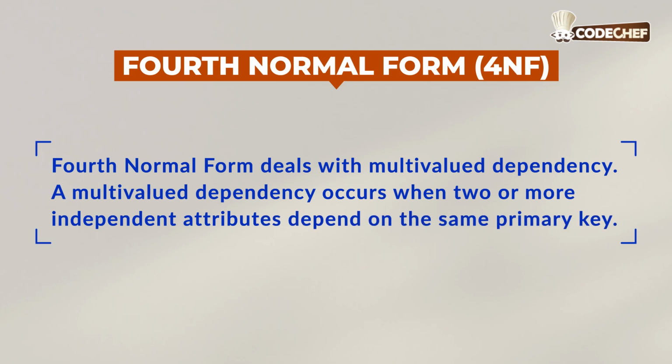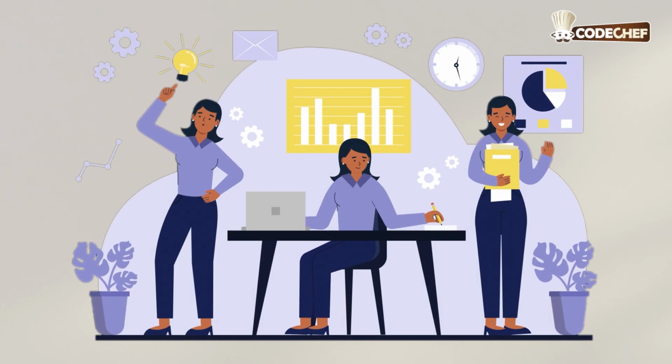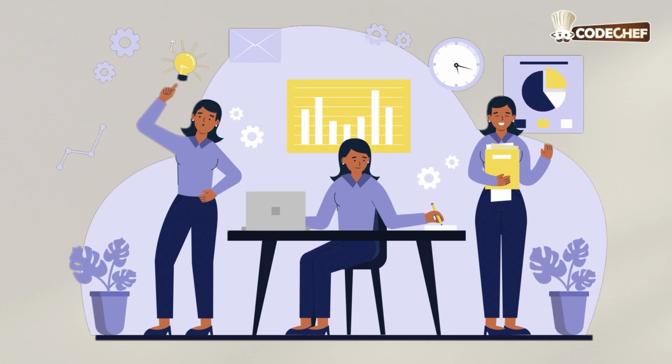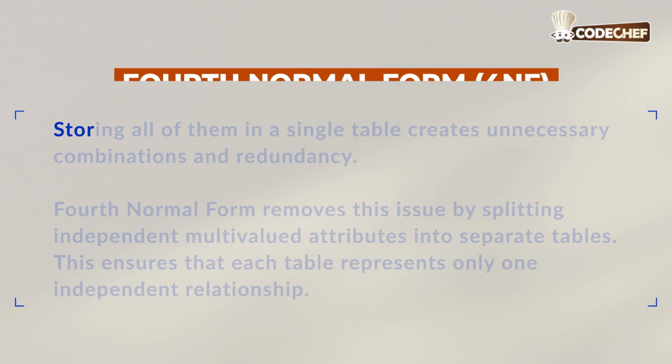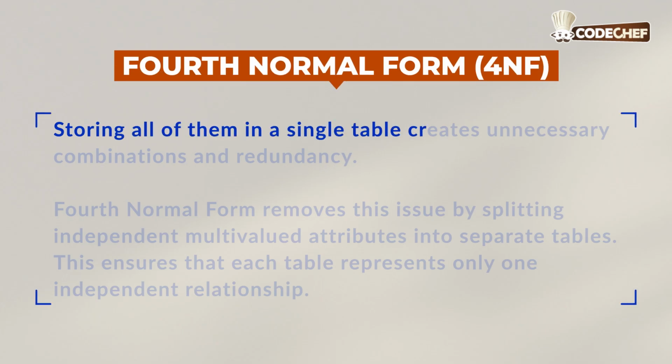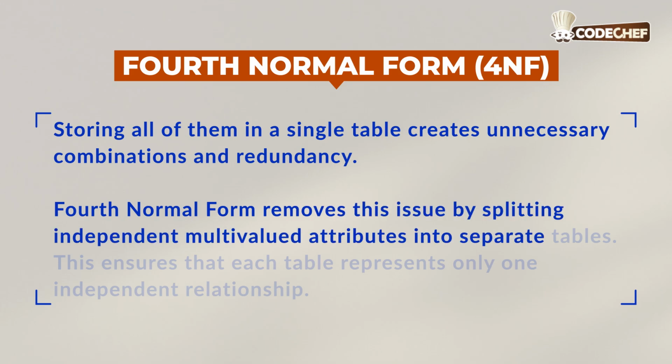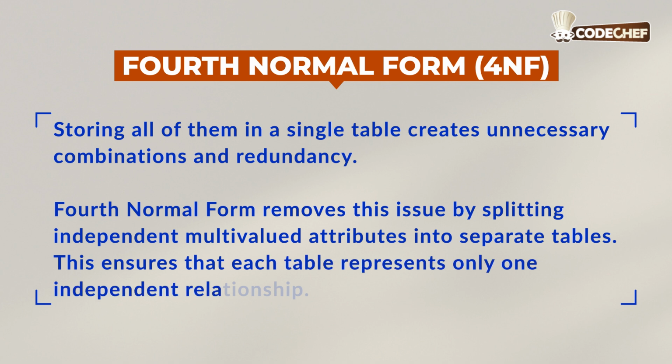For example, a student may have multiple skills and multiple hobbies, but skills and hobbies are independent of each other. Storing all of them in a single table creates unnecessary combinations and redundancy. Fourth normal form removes this issue by splitting independent multi-valued attributes into separate tables. This ensures that each table represents only one independent relationship.